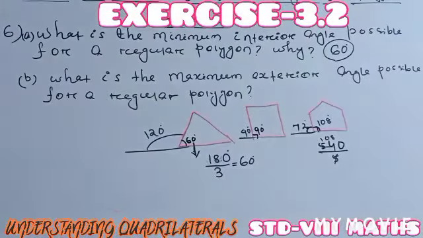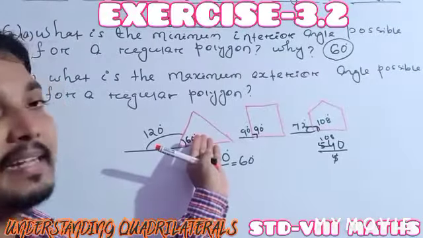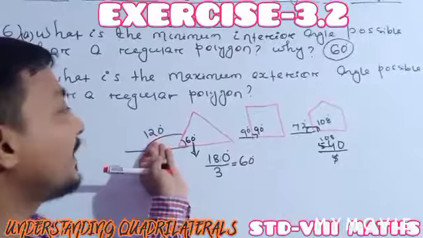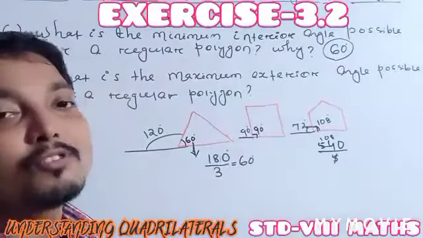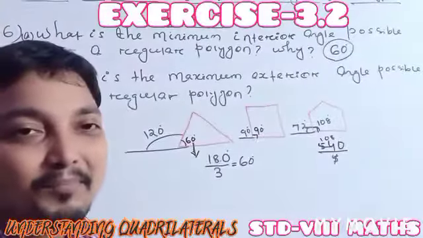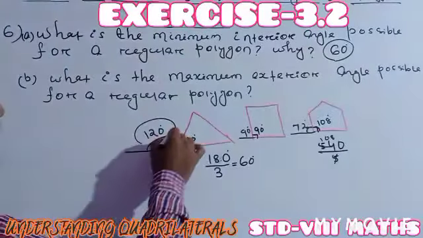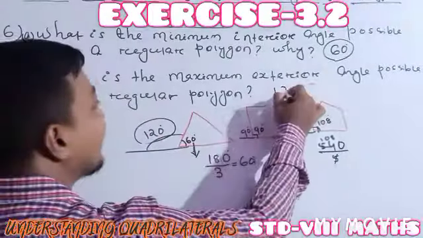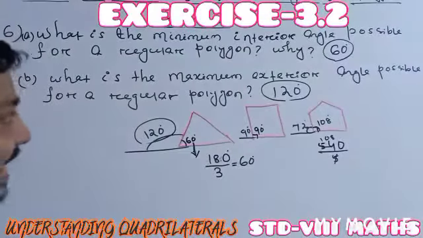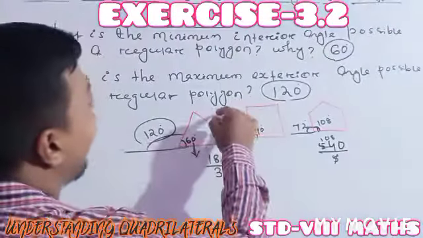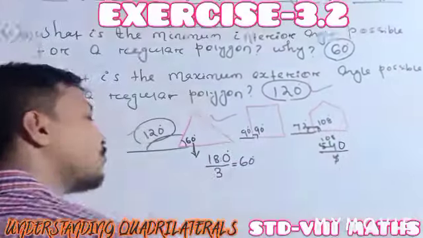See one thing. From the polygon having the least number of sides, each exterior angle is 120, then decreasing to 90, then 72. So tell me which one is the maximum. Which has the maximum measure? The maximum measure is our 120 degrees. So remember one thing: the minimum angle measure for a regular polygon happens in the triangle, and the maximum exterior angle also happens in the triangle.